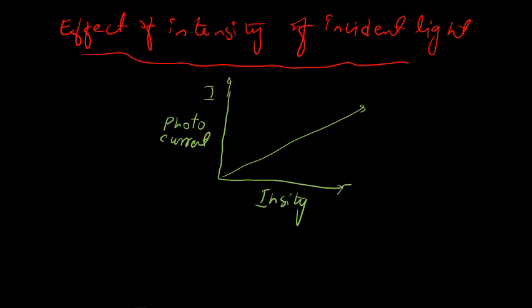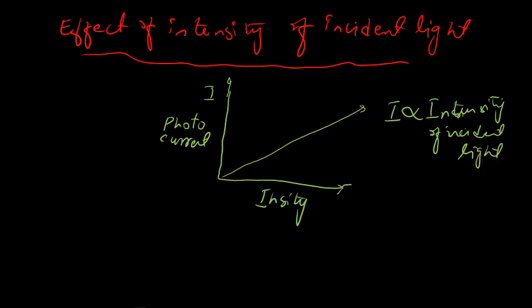So there is a direct relation between the photocurrent and the intensity of incident light. Both are directly proportional to each other.